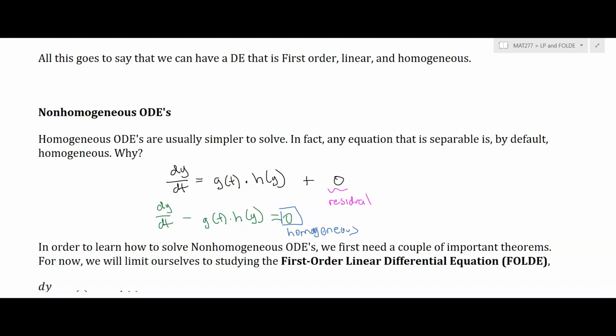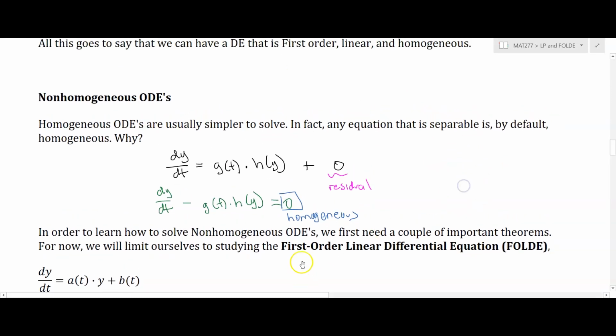Now the specific case that we're looking at is the first order linear differential equation, which we're going to define down here. When we see that nomenclature, what we should be thinking is: it has the first derivative as the highest derivative, it's a linear function, so it's y to the first power, and it's a differential equation.